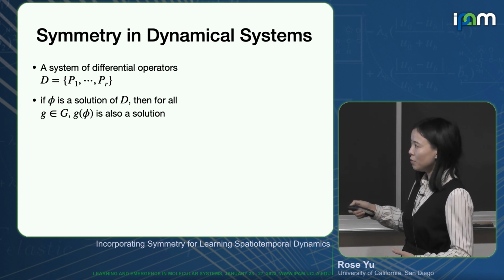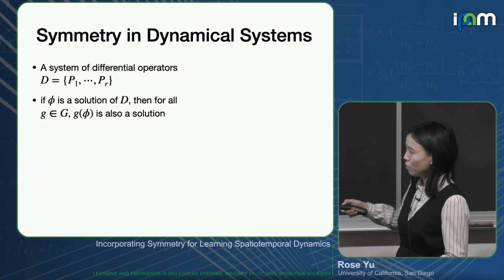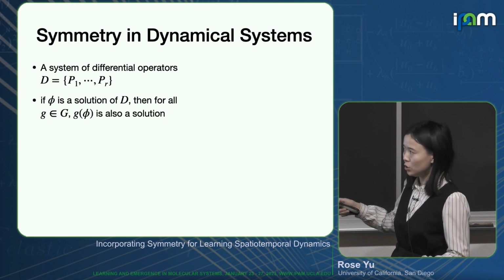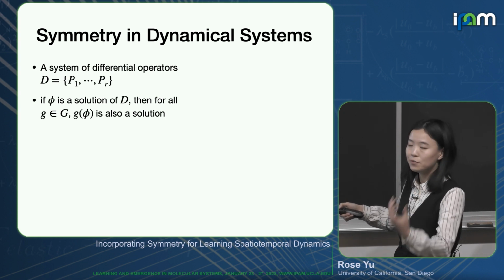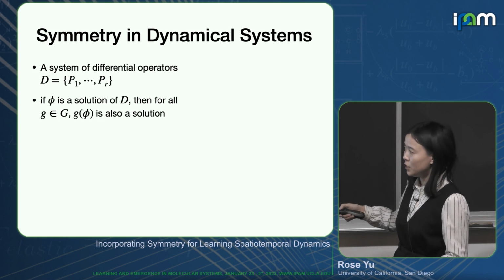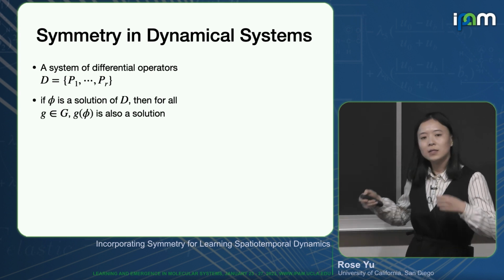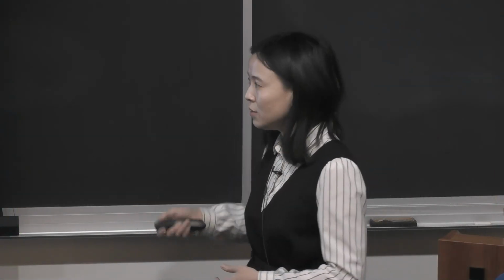We say a symmetry belongs to this differential system if we transform a solution, let's say phi, of this differential system, and the transformed outcome is also a solution of the system. Then by definition, this differential system has the symmetry G. But this is purely in a mathematical sense, from the mathematical equation sense.